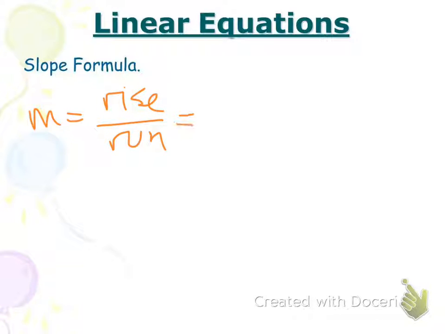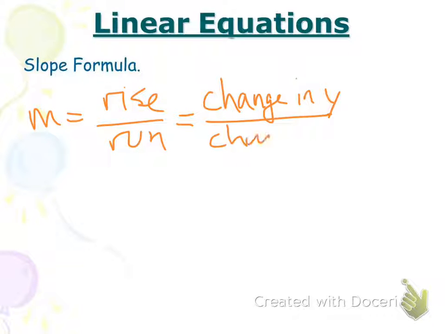What are some other definitions that kind of come to mind from slope over the years of mathematics? I know you've heard this one before. Change in y over change in x.